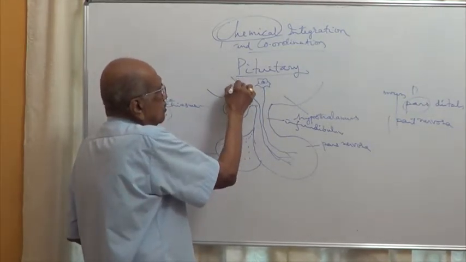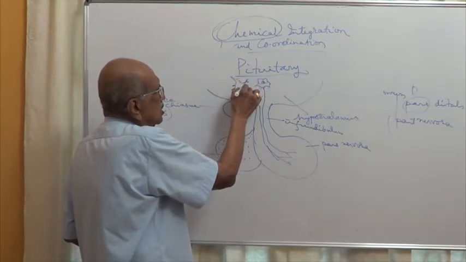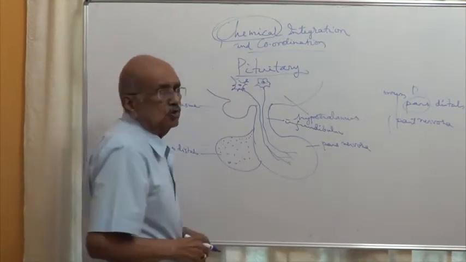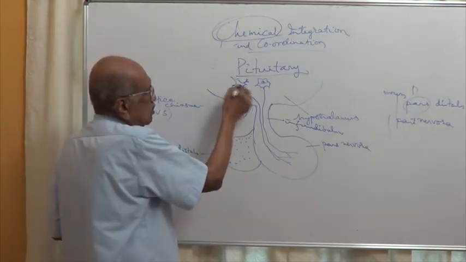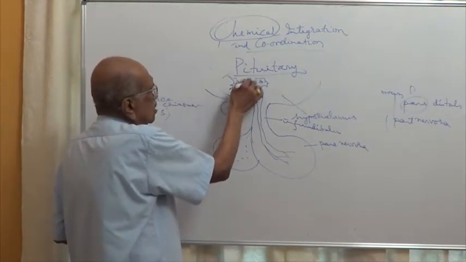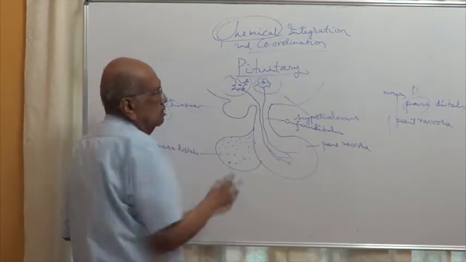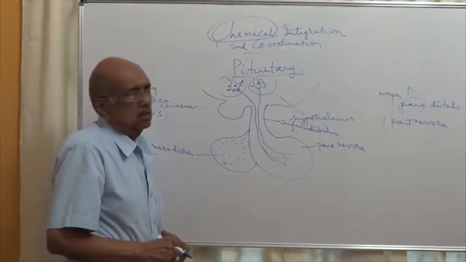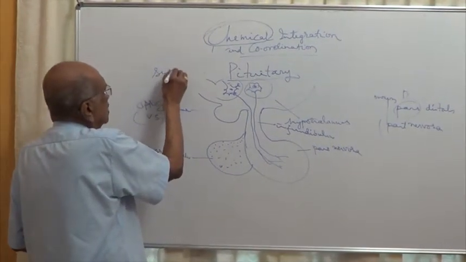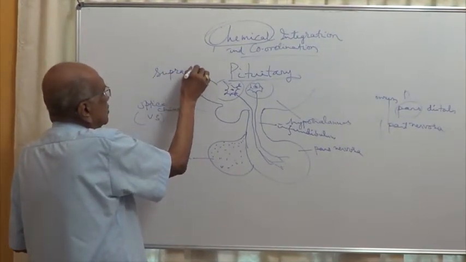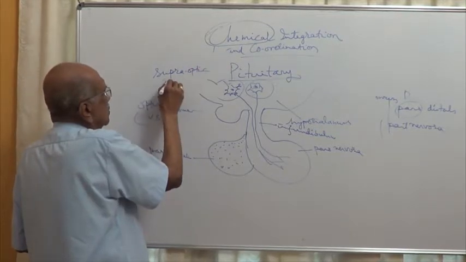Here are some of the nerve cells, neurosecretory cells, two groups of them. I have drawn only one, more can be drawn. This is one group, that is the other group. This is called supra-optic nucleus.